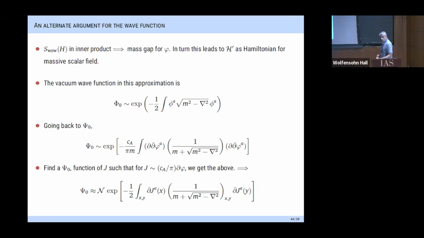And now this gives us an alternative way to think about the wave function. You can say, this is the wave function coming at it from the more perturbative side. Of course, the mass is still there, so it's slightly non-perturbative. But if I take this wave function and ask, I know ultimately the wave function should only involve that current J that I showed you. So find me a function of J which agrees with this result for small phi, which is here.